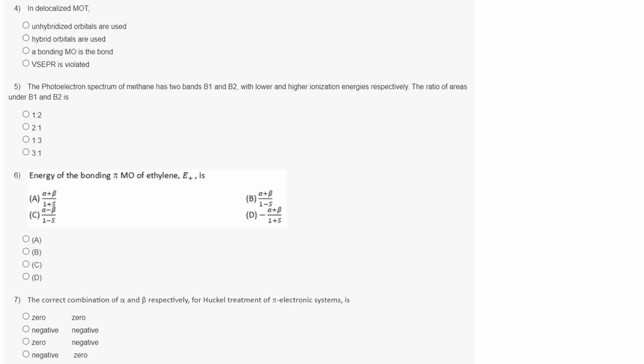This is from Huckel's molecular orbital theory. Energy of bonding pi MO of ethylene is E plus. I guess it will be the first option. I don't remember exactly, but I still gave you the answer, so not to worry. Now the seventh question. You will be able to do this. What are the Huckel approximations we have taken?